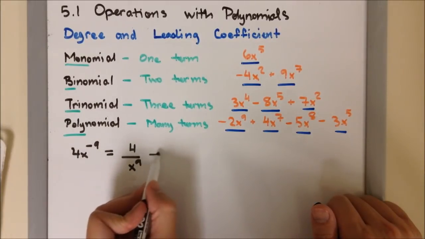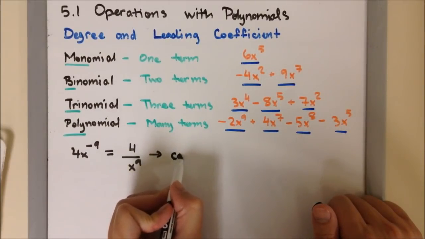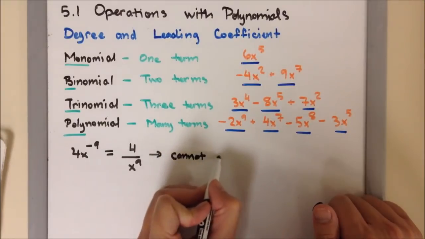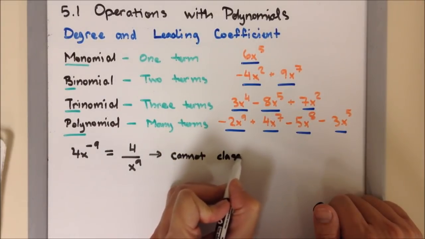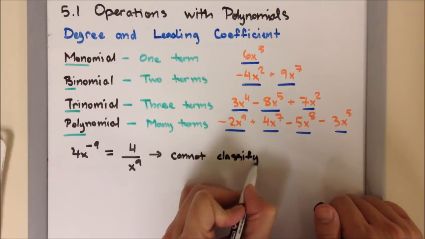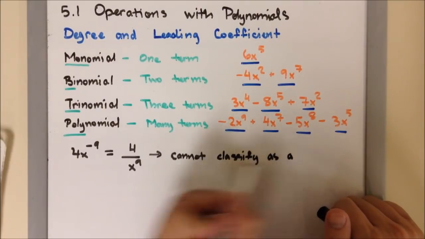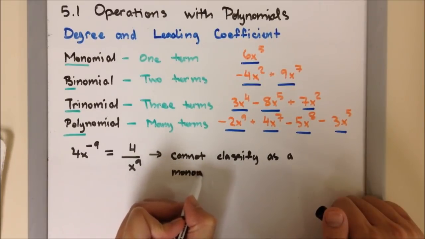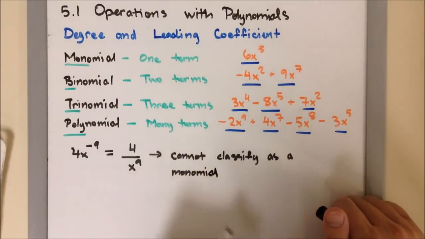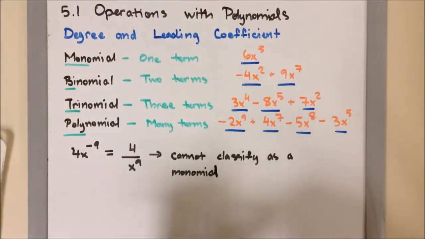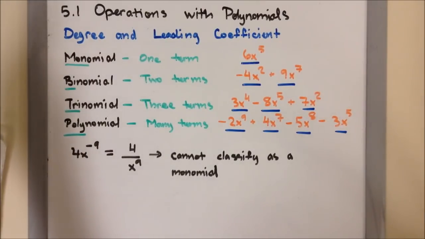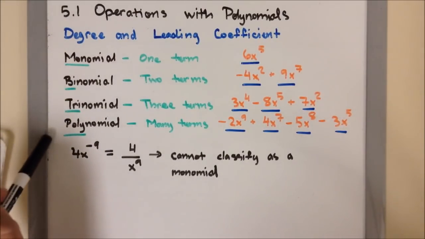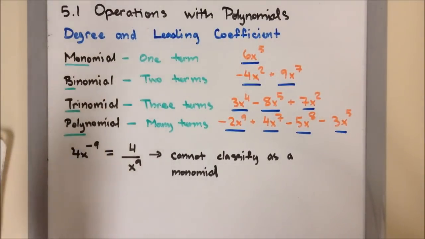So this cannot classify as a monomial. So when you have a term that's in the denominator, we cannot classify as a monomial, we can't classify as binomial, we cannot classify as trinomial, we cannot classify as a polynomial.